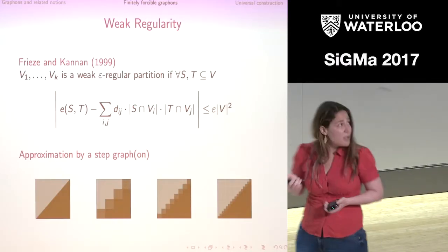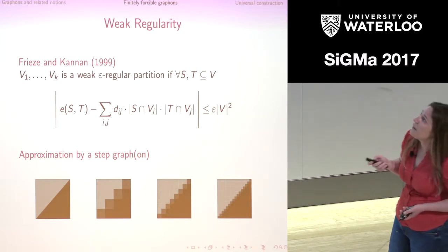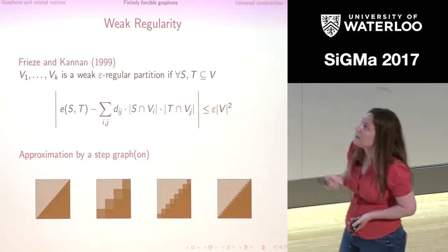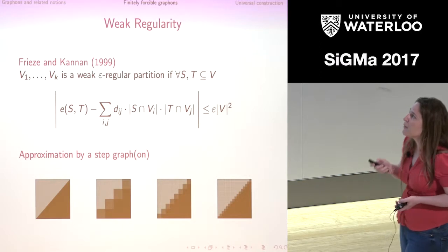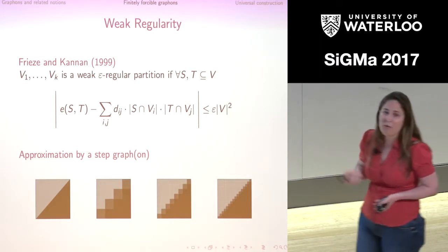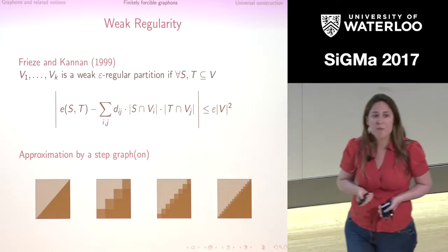The notion of weak epsilon-regular partition was first introduced in 1999 by Frieze and Kannan. I am introducing it for graphs, and the same theory translates directly to graphons.